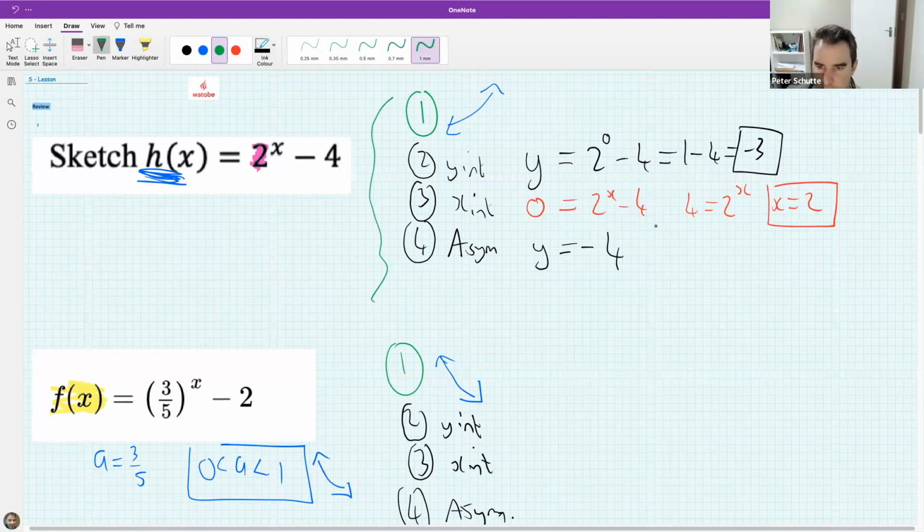Probably the most tricky bit is finding the x-intercept. Can you draw the graph based on this information for the first one?